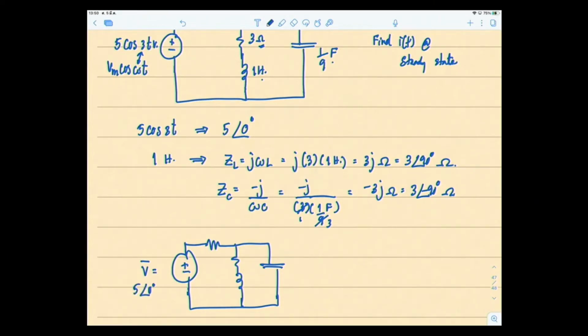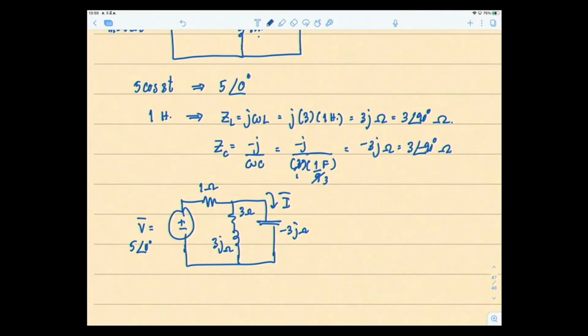This is 1 ohm, 3 ohms, 3J ohms, and this minus 3J ohms, and you want to find this current in phasor form. So now your circuit is ready for you to analyze. Of course, you can use mesh, you can use node, whatever you're comfortable with, as long as you get the right answer for me.